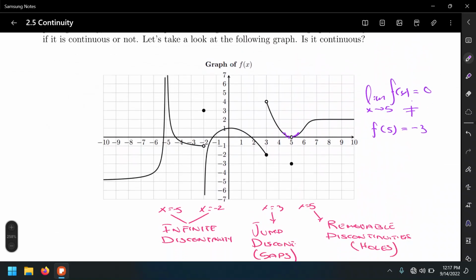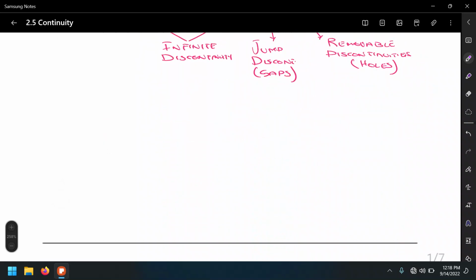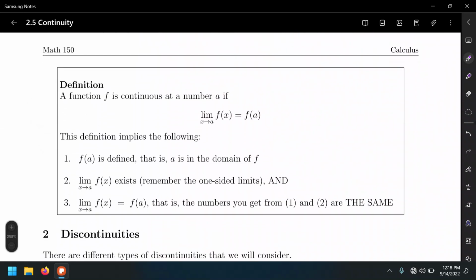We have an example in which at x equals negative 5, whether from the left or from the right, they're going to positive infinity. It doesn't matter if they go to different infinities on one side or the other. Also, for x equals negative 2, we have this infinite discontinuity, because in particular the limit from the right is going to negative infinity.